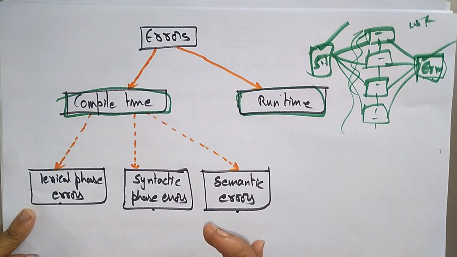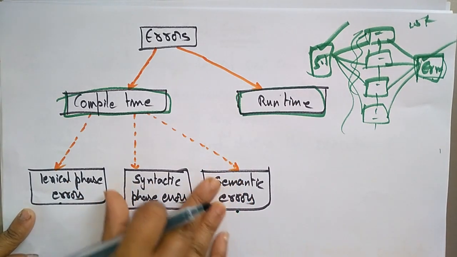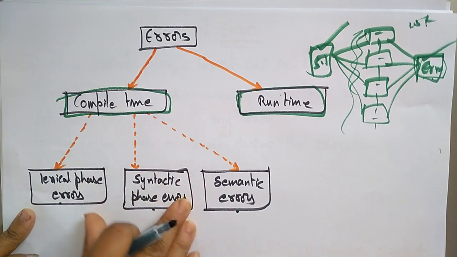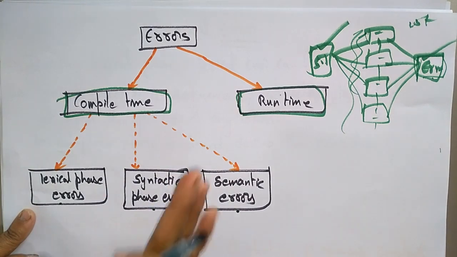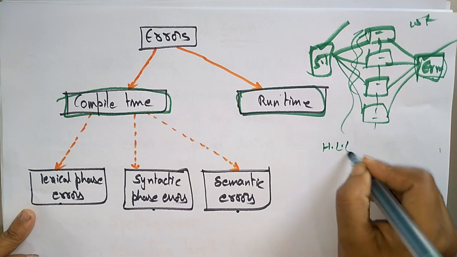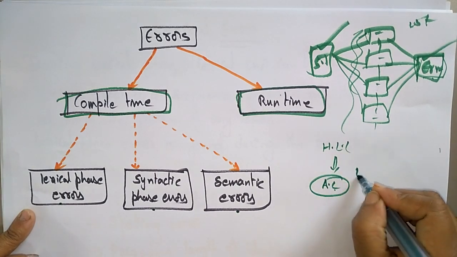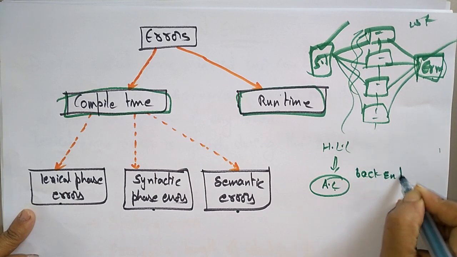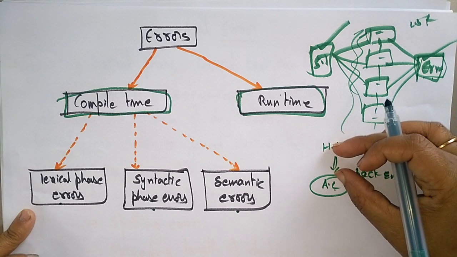The errors mostly occur at the front end only, because this is the starting phase of the conversion of the program. Whenever you convert all the statements in the high level language into the assembly level language, which the back end consists of, you need to find the errors in between.